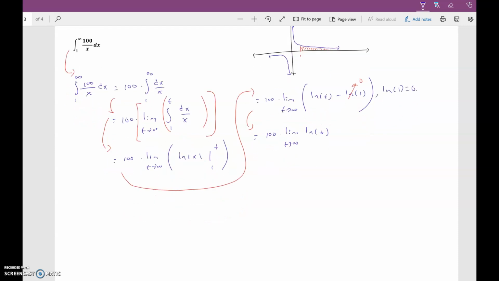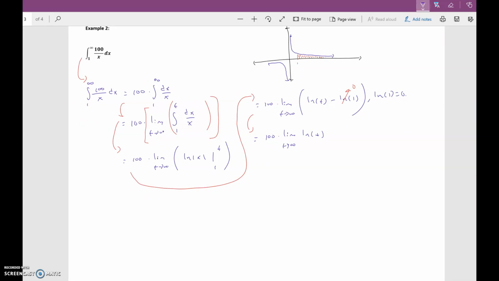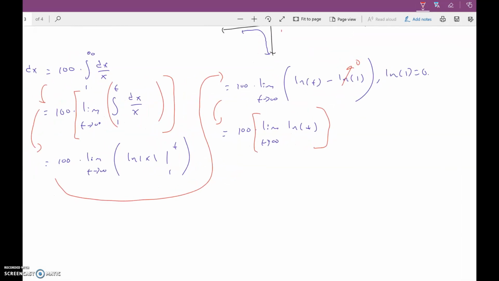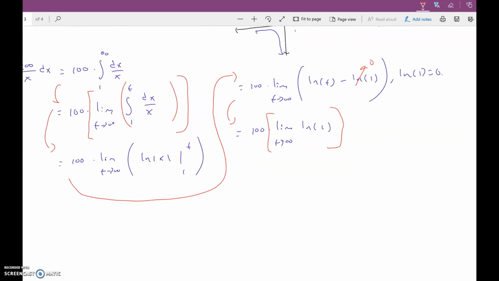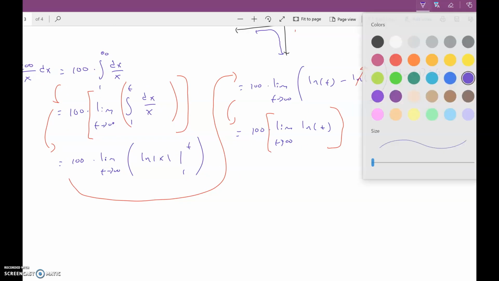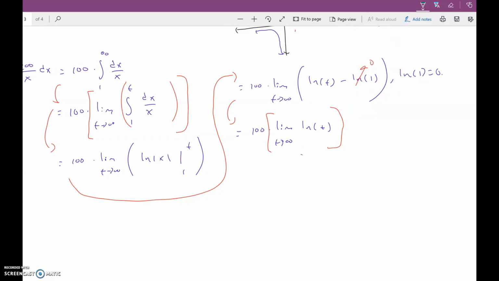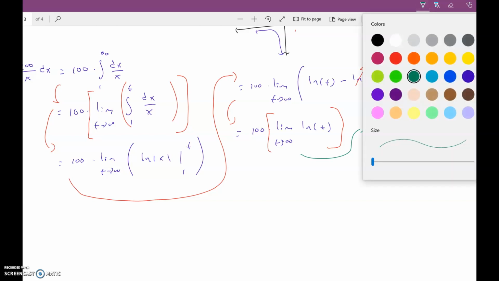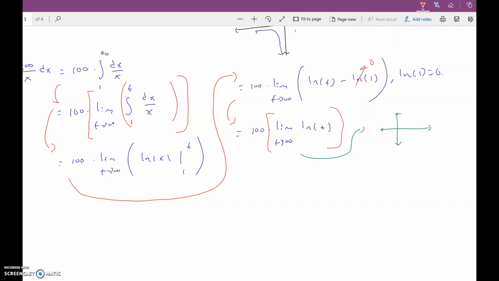So this is equivalent to 100 times the limit as t approaches infinity of the ln of t. Now there's a problem here, and let me just put brackets in here. So this is supposed to be t, and let me just do the sketch of this one here. Okay, so if you remember, your ln function actually has the following behavior.